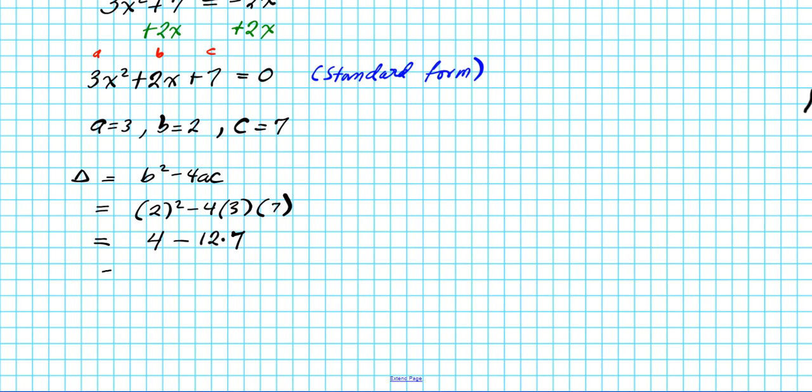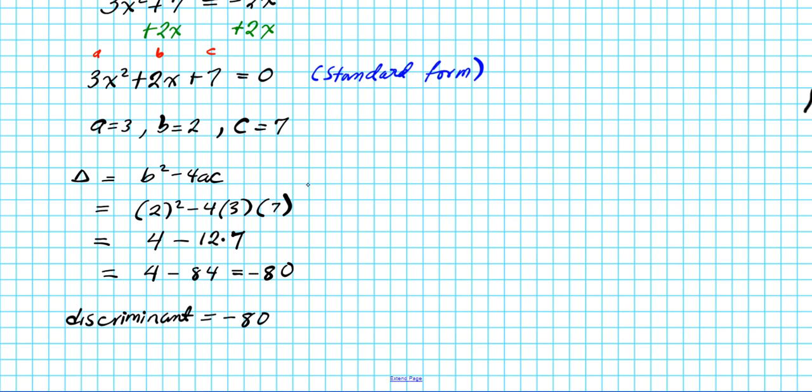Alright, so we have 4 minus 12 times 7 is 84. 4 minus 84 is negative 80. So your discriminant is negative 80.